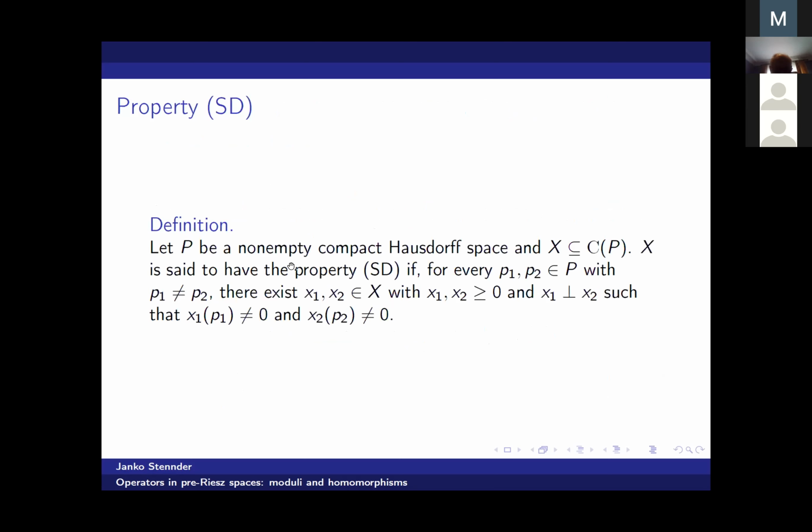If we have some non-empty compact Hausdorff space and some subset X of the continuous functions on this space, then X is said to have property SD if for every two distinct points p1 and p2, we find two positive disjoint elements in X, x1 and x2, such that x1 of p1 is not equal to 0 and x2 of p2 is not equal to 0. So every two distinct points can be separated by two positive disjoint elements.